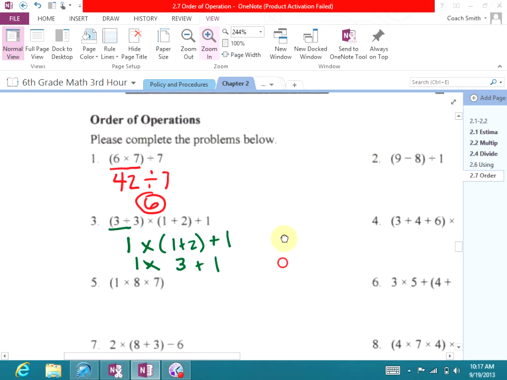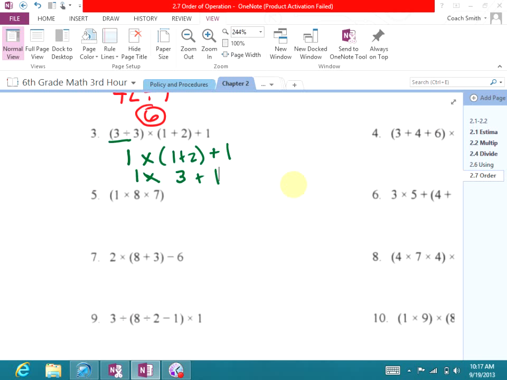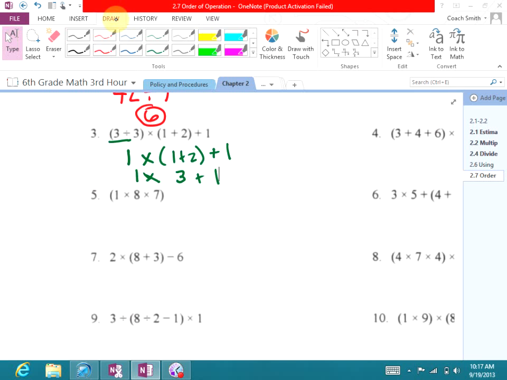Okay, so my next step is what? Now I've gotten rid of all the parentheses. So what is my next step in 1 times 3 plus 1? No, I don't want the answer. I want my next step.